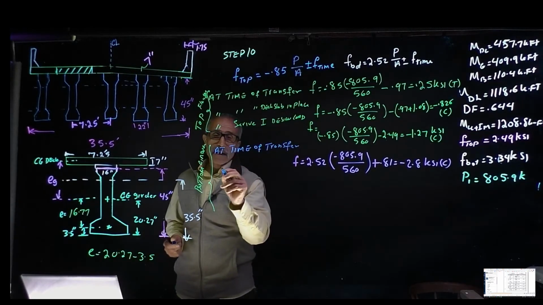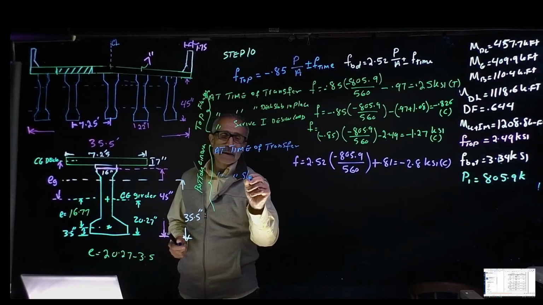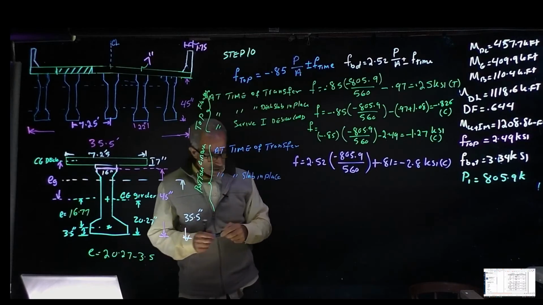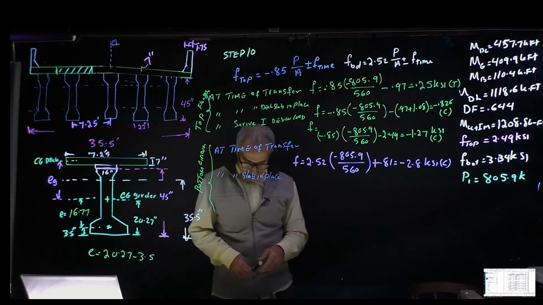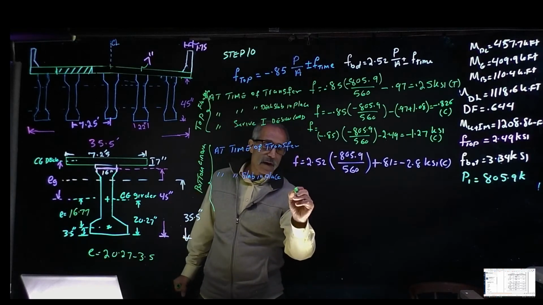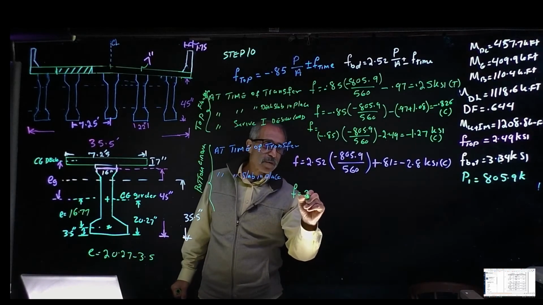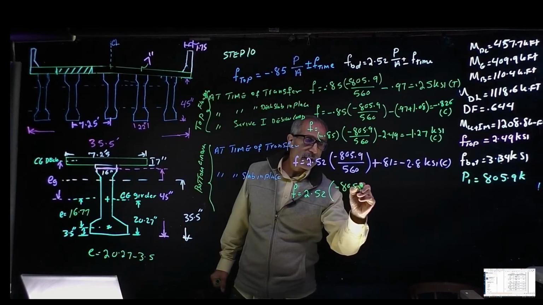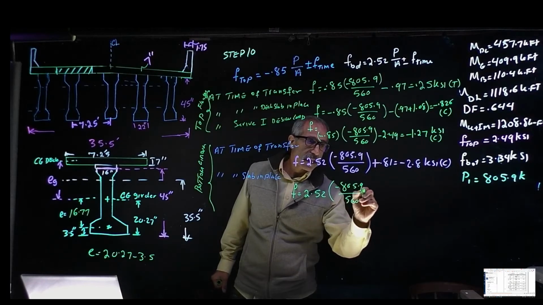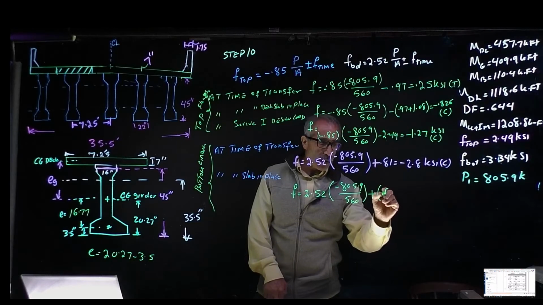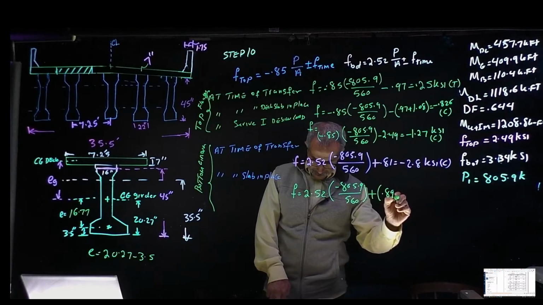The next one we want to do is the same thing at the time deck slab in place. So that's going to give me F is equal 2.52 times minus 805.9 divided by 560, and it's going to be plus those two combined, which was 0.89 plus 0.81.